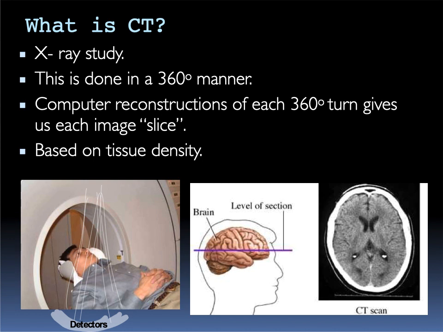It gives you thin slices, and it can reconstruct coronal imaging and sagittal imaging. Its principle is depending on the density of the tissue. So we discriminate between the different tissues and even pathologies according to the density.